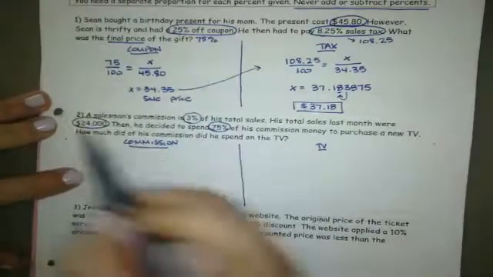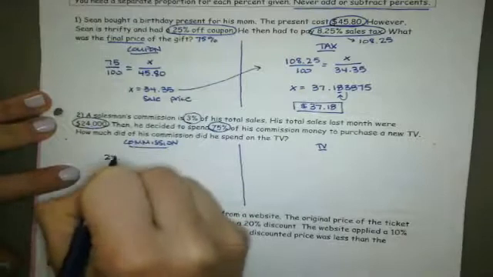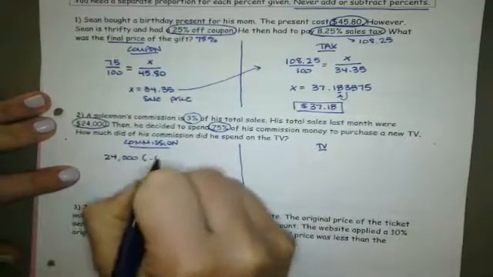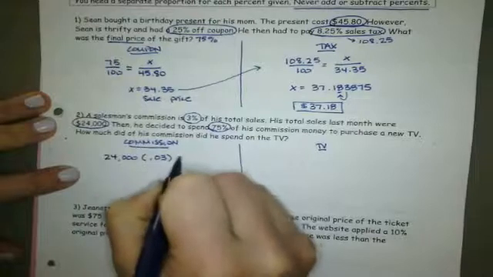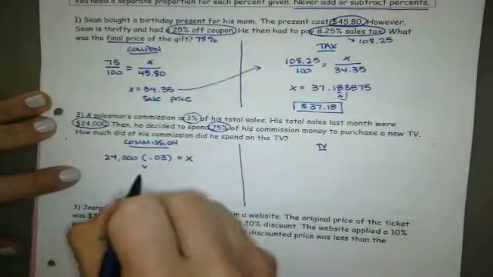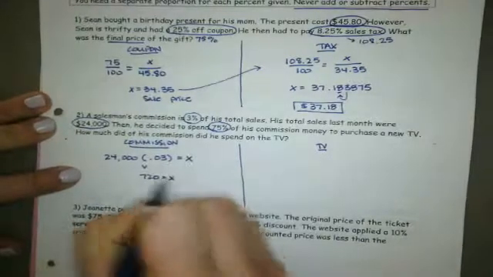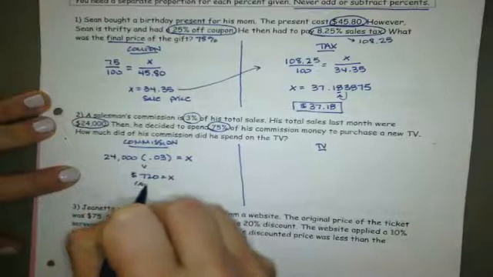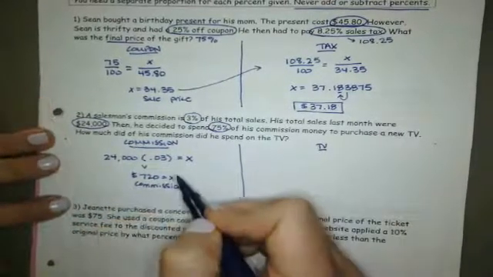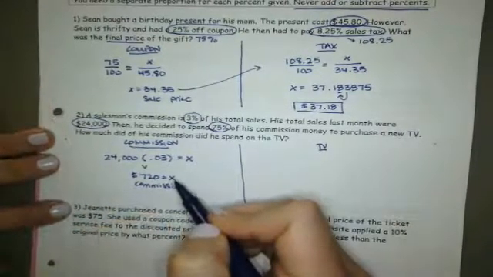So first we're going to do 3% of 24,000. So the 24,000 is the whole. The percent, which is 3%, would be 0.03, and that's going to give us X. So I'm going to multiply this, and I get 720. Okay? This is his commission. So he brings home $720.